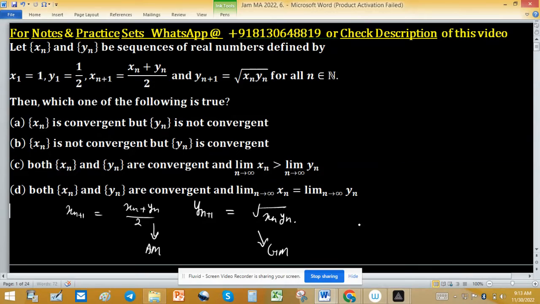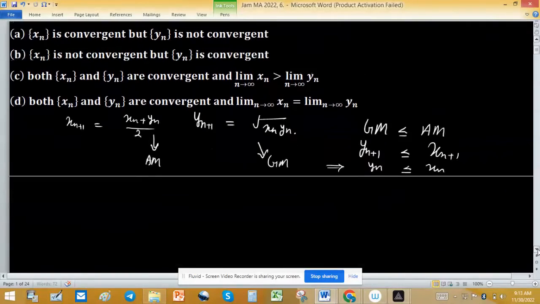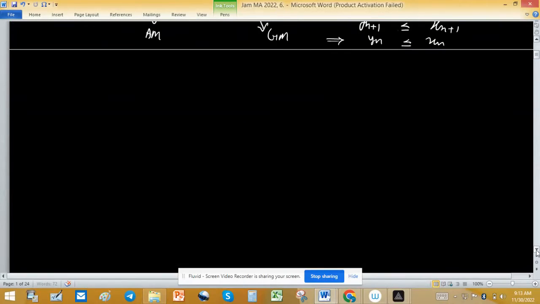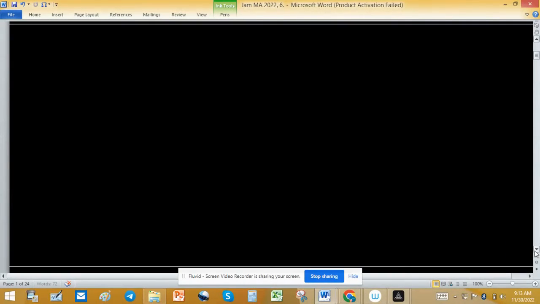And we know the relation between AM and GM: GM is always less than or equal to AM. This implies that y_{n+1} is less than or equal to x_{n+1}, and you can write y_n less than or equal to x_n. Means all terms of the sequence y_n are always less than or equal to the sequence x_n.